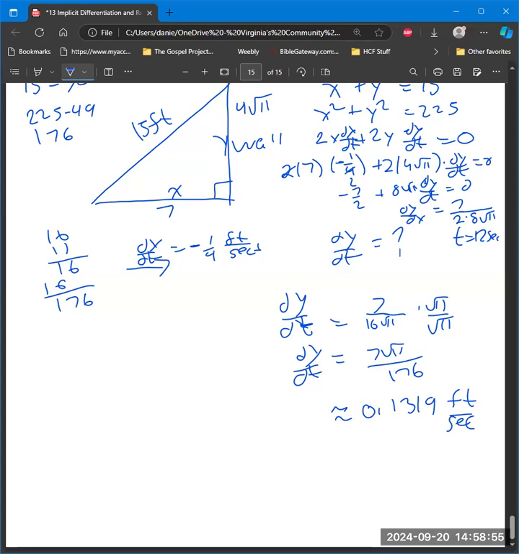I did not do any business related problems here, but related rates are really important with marginal revenue, marginal cost, marginal profit. Those are all these ideas of related rates where time is usually changing, and you need to find dx/dt, dc/dt, dp/dt, dr/dt, those types of things.